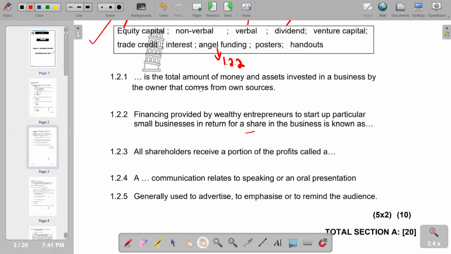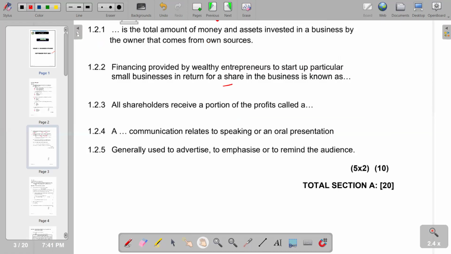So this is, according to what we have, a poster, which we have on this part. So this is 1.2.5. So basically, this is what we have on section A, and we take note that our section A has a total of 20 marks.